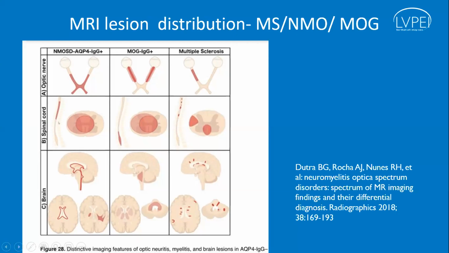Chiasm might be involved. There is longitudinally extensive transverse myelitis. The lesions involve the central canal, and there are periependymal lesions which can be seen. The MOG optic neuritis is frequently bilateral but spares the chiasm. The spinal cord involvement is similar in distribution to NMO, but occurs more commonly in the lumbosacral area, and area postrema involvement can be very frequently seen. Brain parenchyma can have multiple disseminated lesions in MOG optic neuritis.